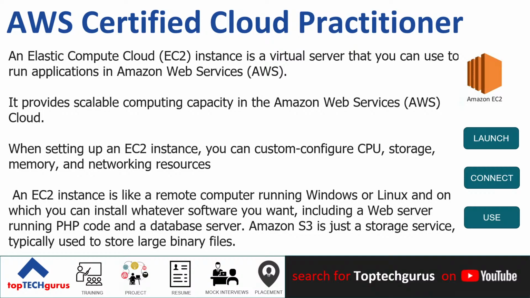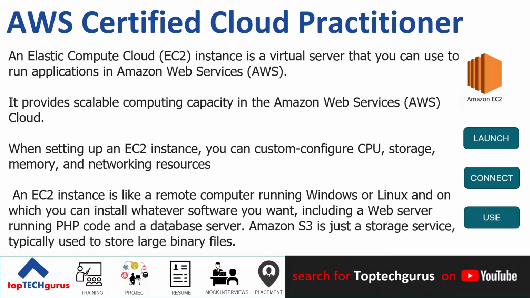If you want to run a database, then you can use that server to install any database that you want, including Oracle, MySQL, and then use it as a database server. So you can just use that virtual machine in any way you want, and that virtual machine in the Amazon AWS world is called an EC2 instance.